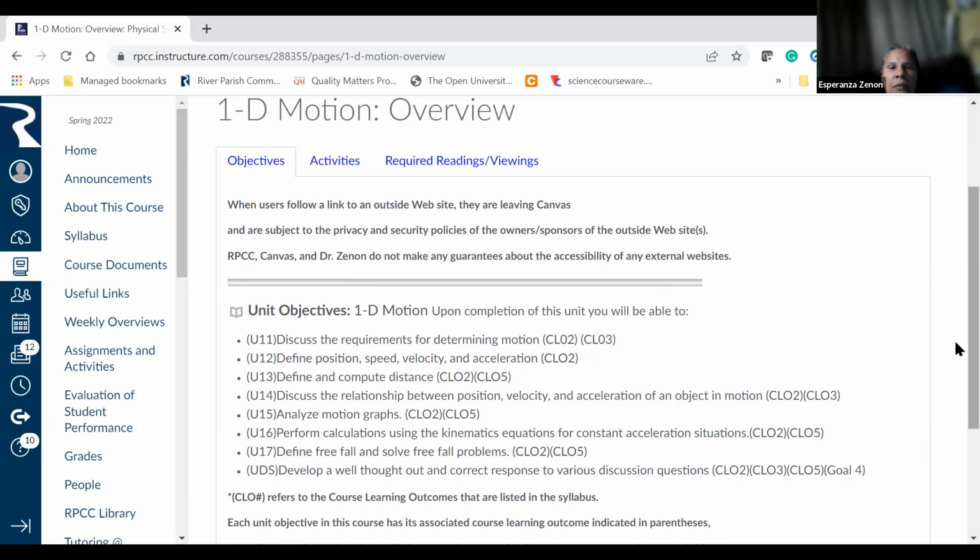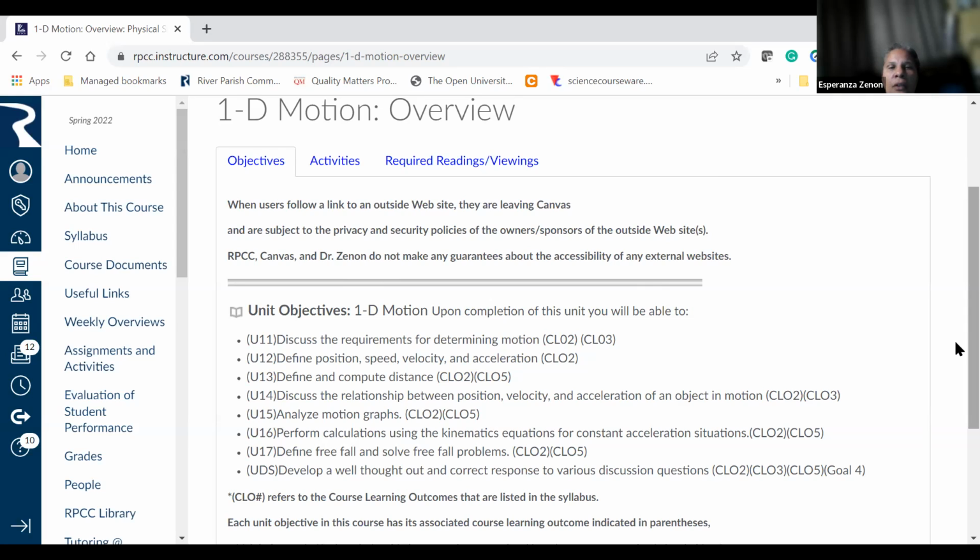And so we're going to start off describing objects that move in the simplest fashion, if you will, and that is 1D motion. 1D motion meaning the object is moving in a straight line, and we want to describe certain aspects of that motion.